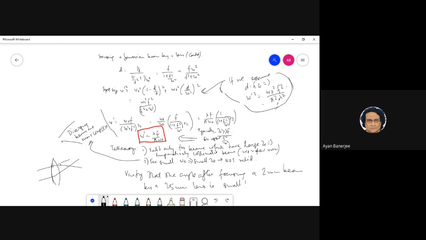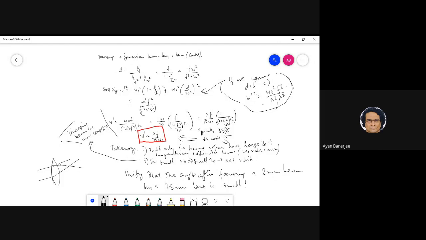But the important thing, Anirudh, is that this one does not have any approximation at all. So this is true for the actual thing. Wherever you have a lens, this is completely valid. This is very powerful. So the actual expression is this.